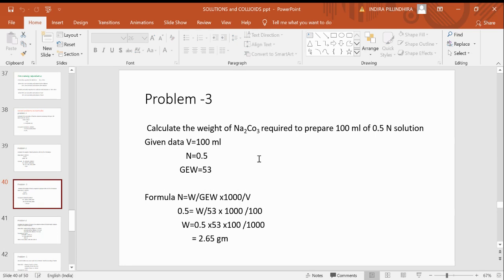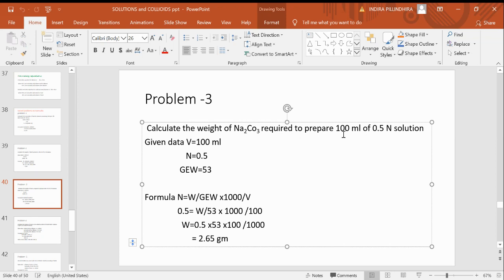Problem 3. Calculate the weight of the sodium carbonate required to prepare 100 ml of 0.5 N solution. First, the data is that here volume is given, that is 100 ml. Normality is given, that is 0.5, and GW of the sodium carbonate is 53. Substitute the same in the formula.